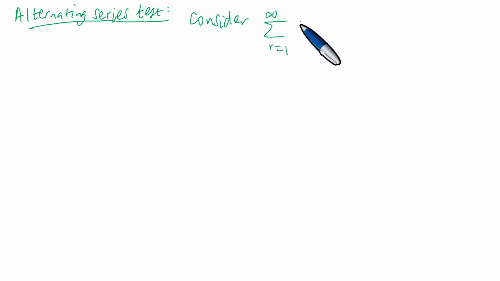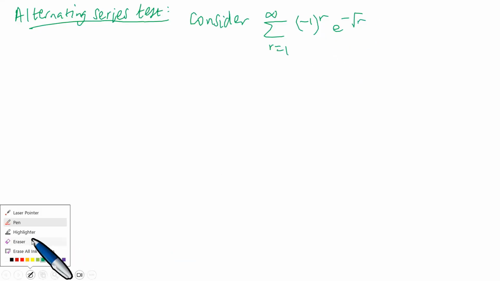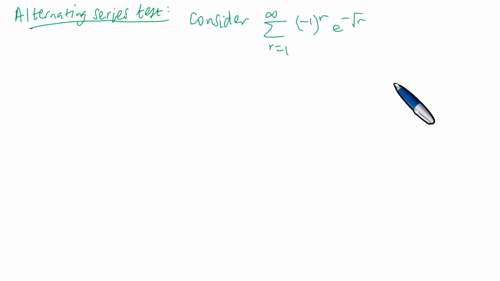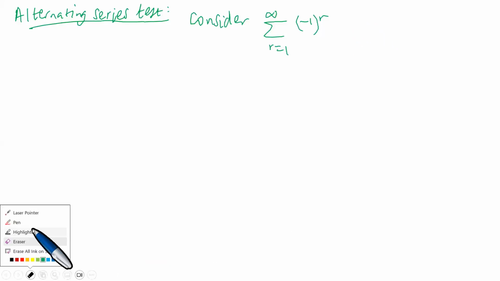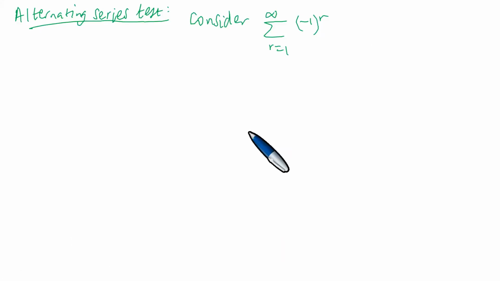The sum from r equals 1 of negative 1 to the r, this one, the other one we just did, 1 over this one here.